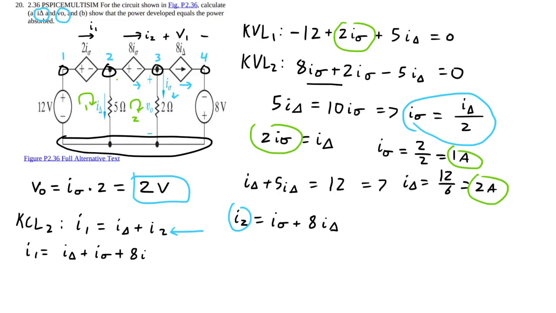Oh, that's not a delta. So we're going to use the values that we calculated earlier. So 9 times, I believe it's 2, plus 1. So 18 plus 1 is 19 amps. So that's our I1.